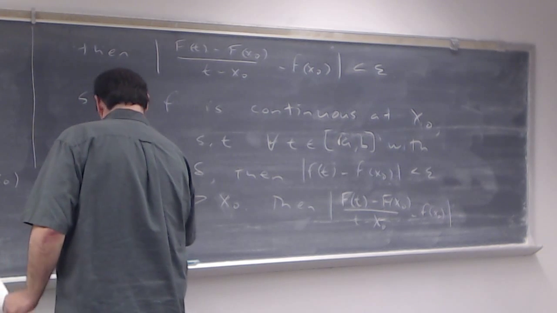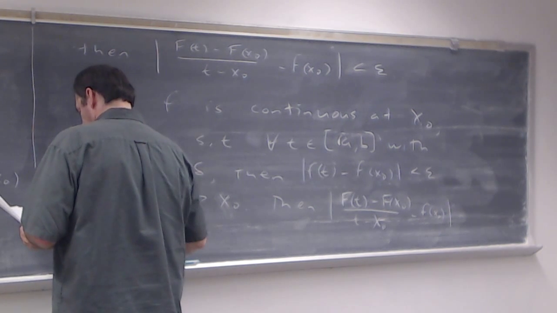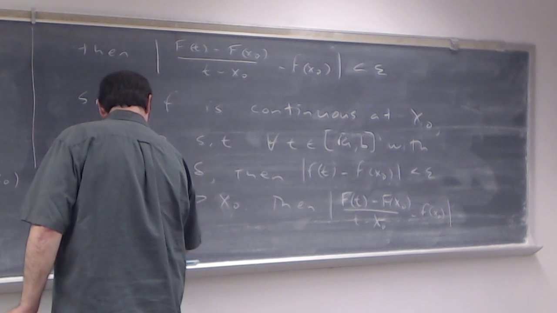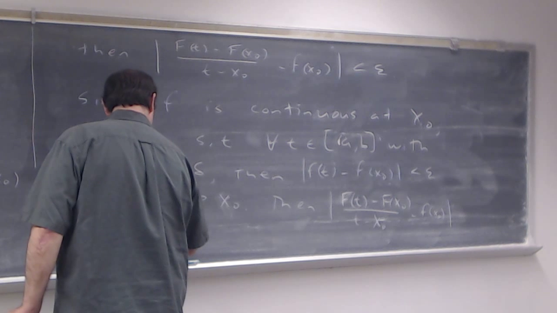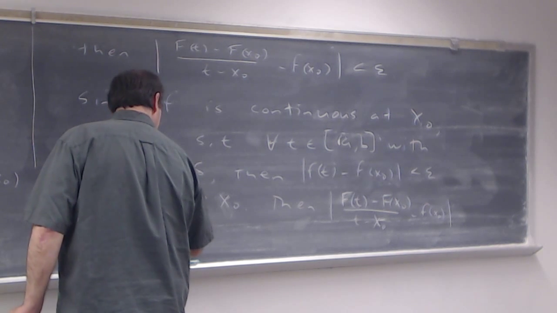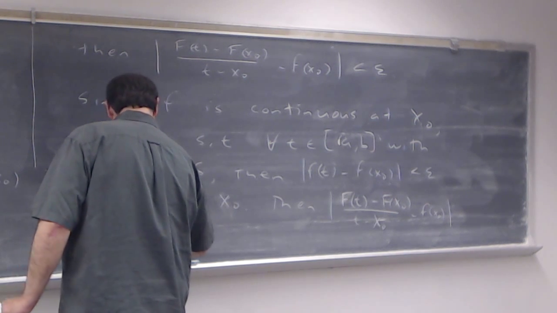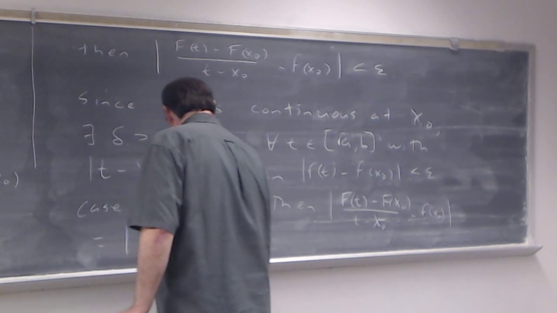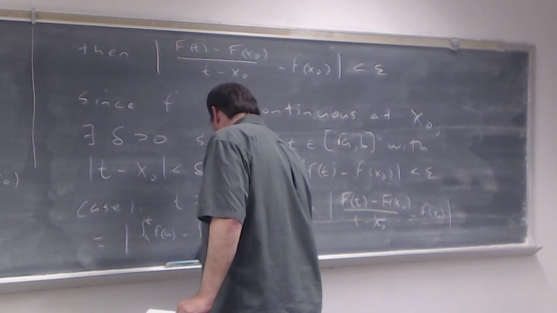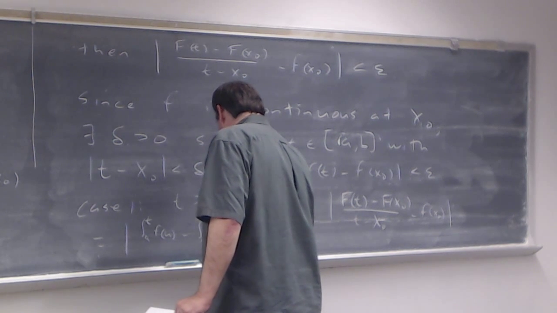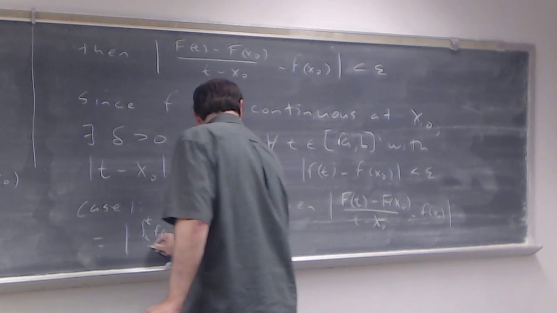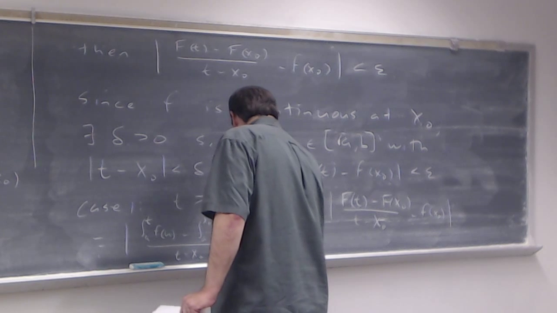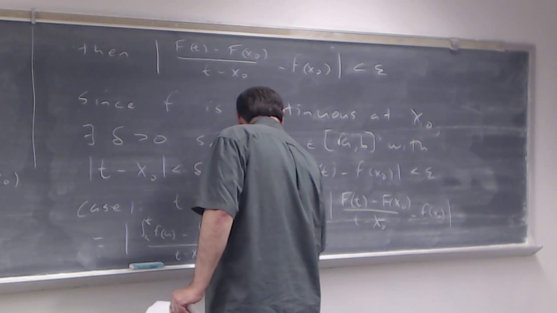I should rewrite this in terms of the definition of big F. It's the integral from a to t of little f of u du, minus the integral from a to x naught of f of u du, all over t minus x naught, minus little f of x naught.